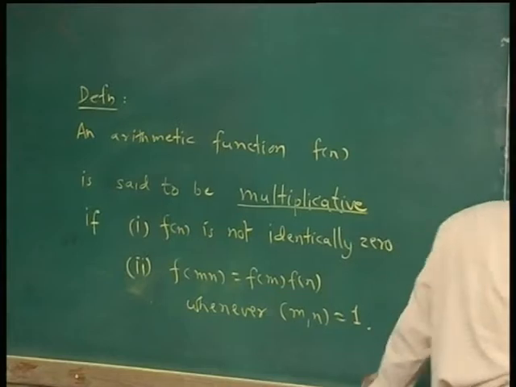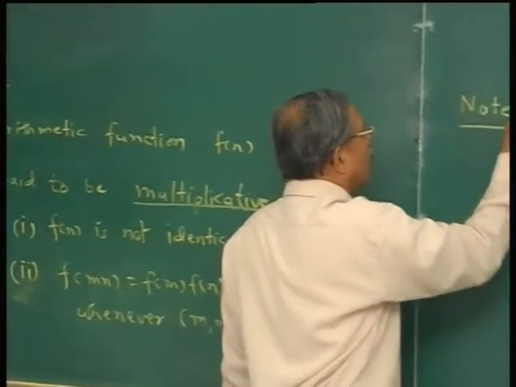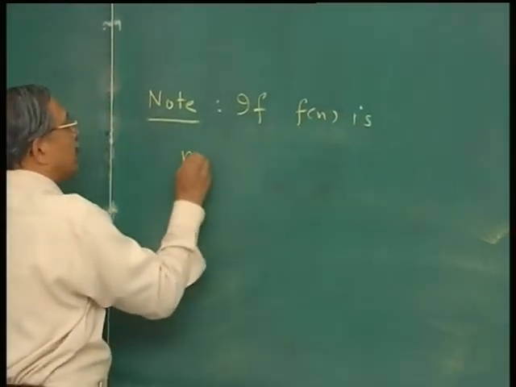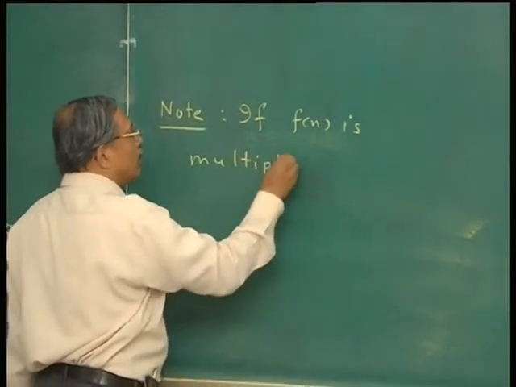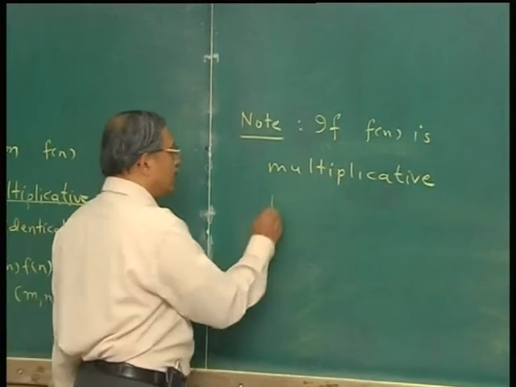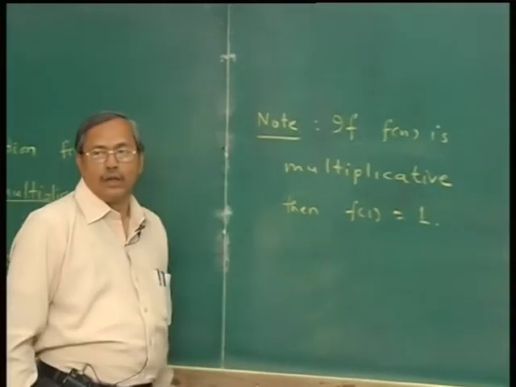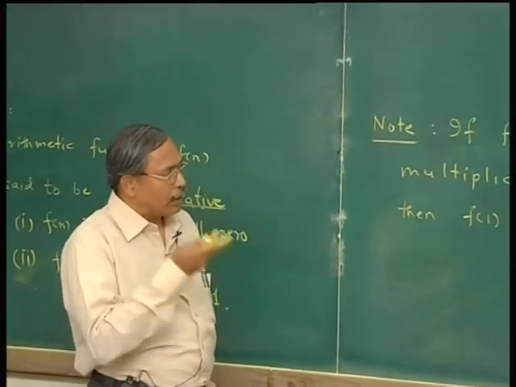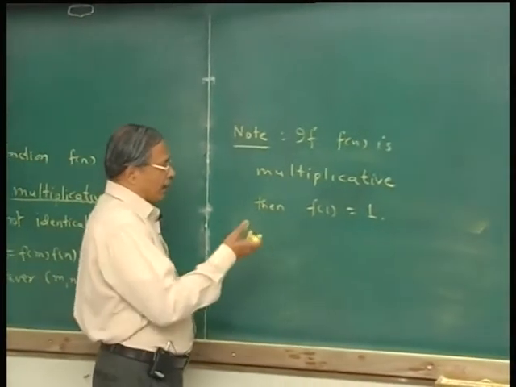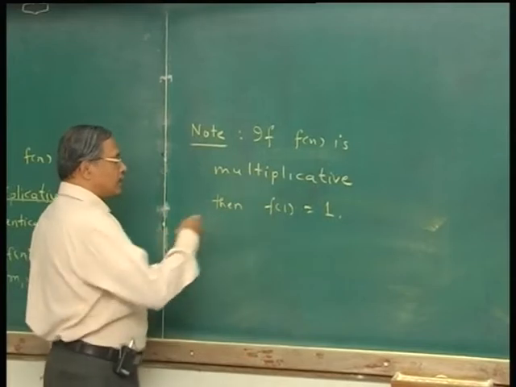So note, if f(n) is a multiplicative arithmetic function, then f(1) equals 1. You will see that d(1) is 1, number of divisors, sigma(1) is 1, and many other functions will have this property. These are actually multiplicative, and that's why this is happening. Let us see why this happens.